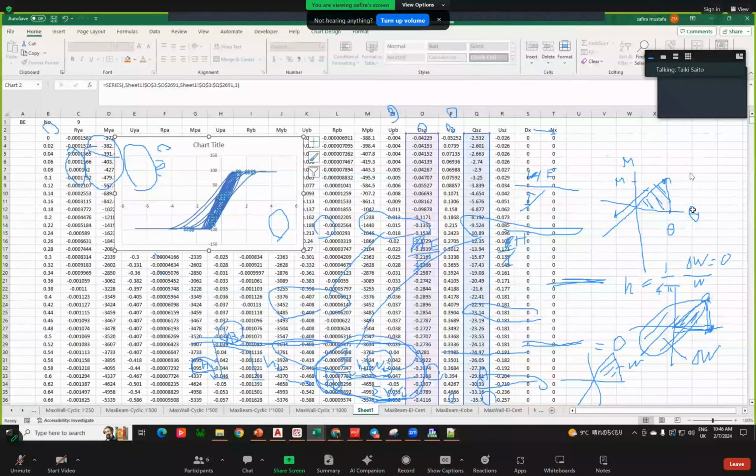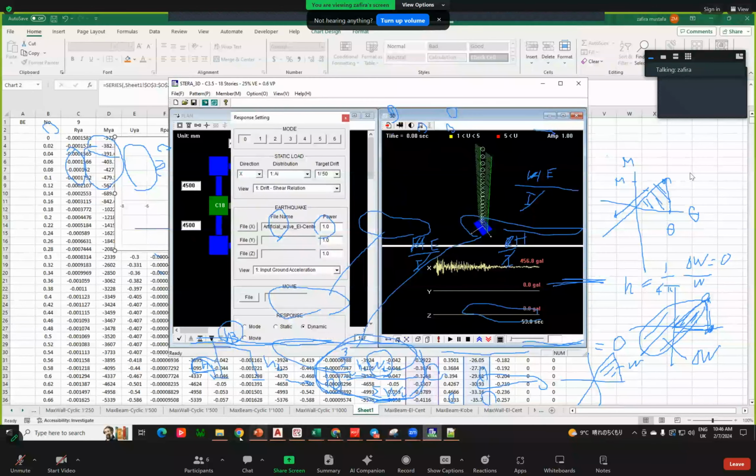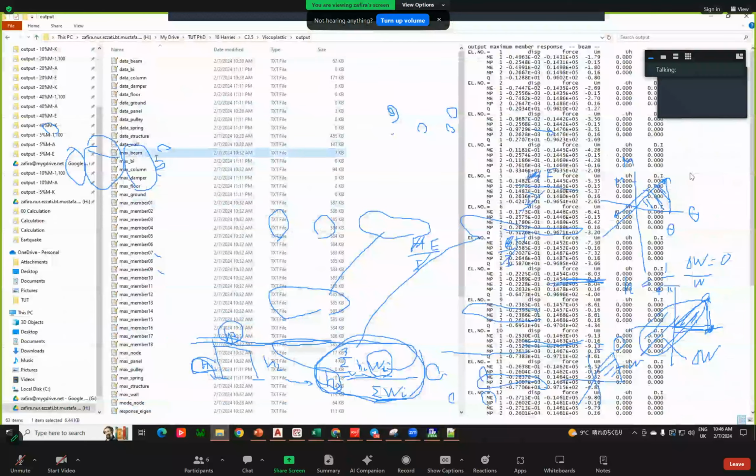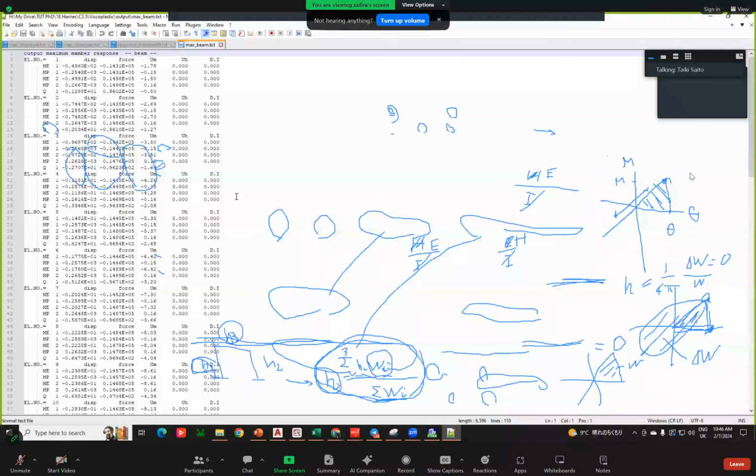I can modify the Stellar output. For example, if you click max beam, could you show me max beam? Here. I think you use this one to calculate energy. This is the maximum and maximum, but it's not energy.